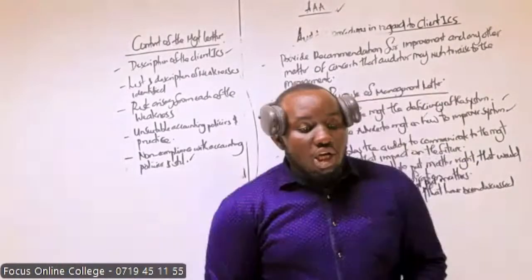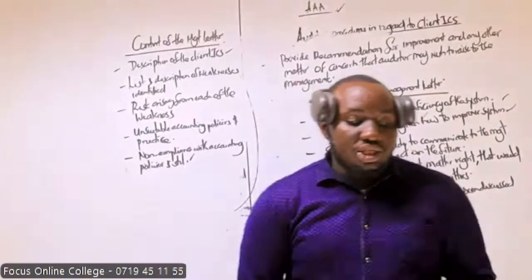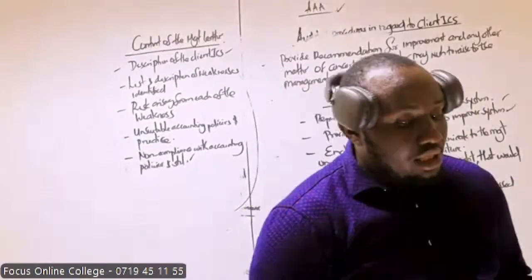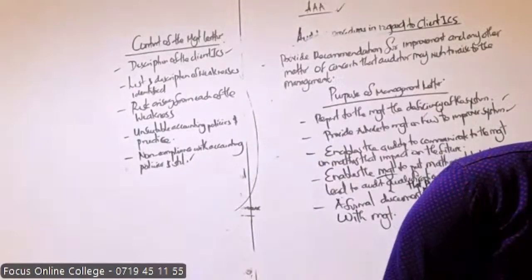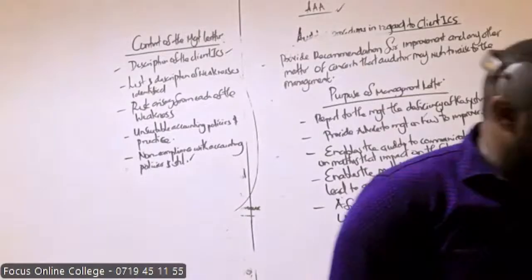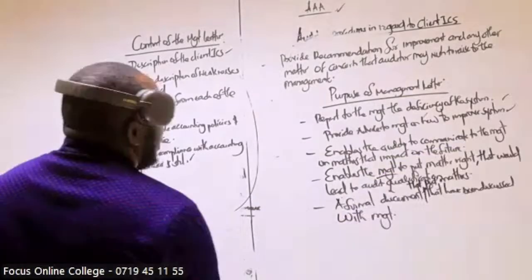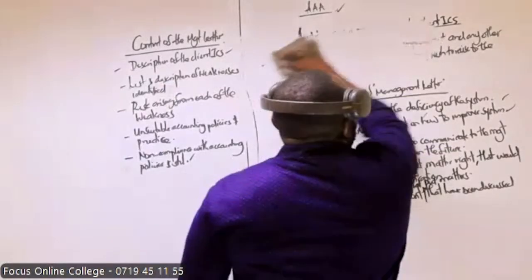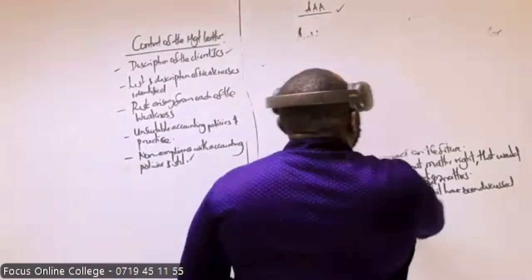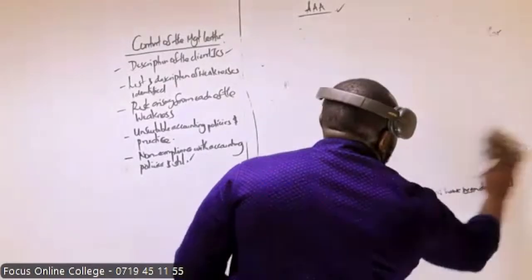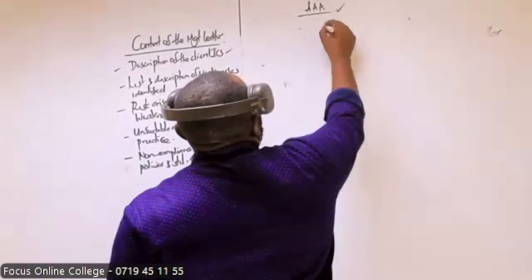So I want us to proceed to audit evaluations and review. Do you have that handout? Have I shared that handout on audit evaluations and review? Let me write it, then I turn back.